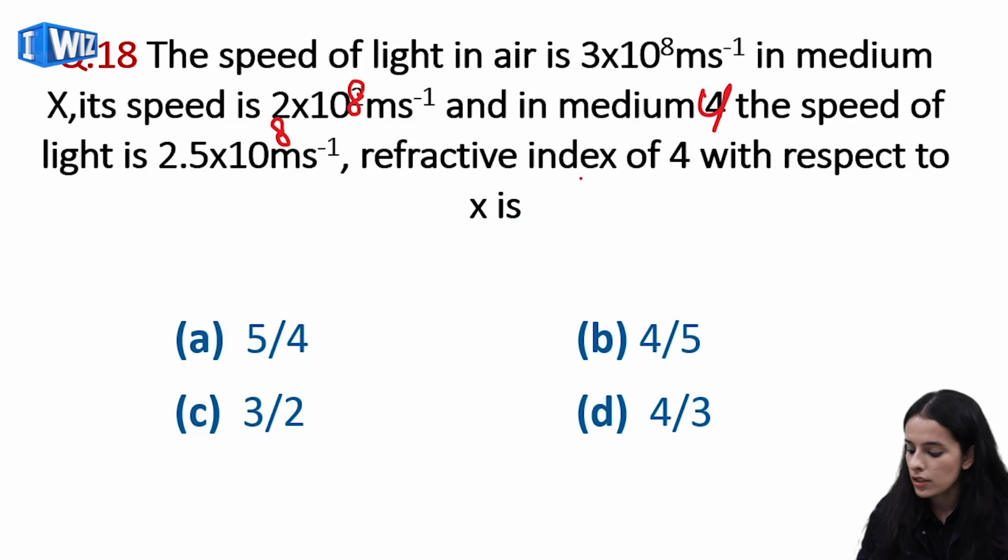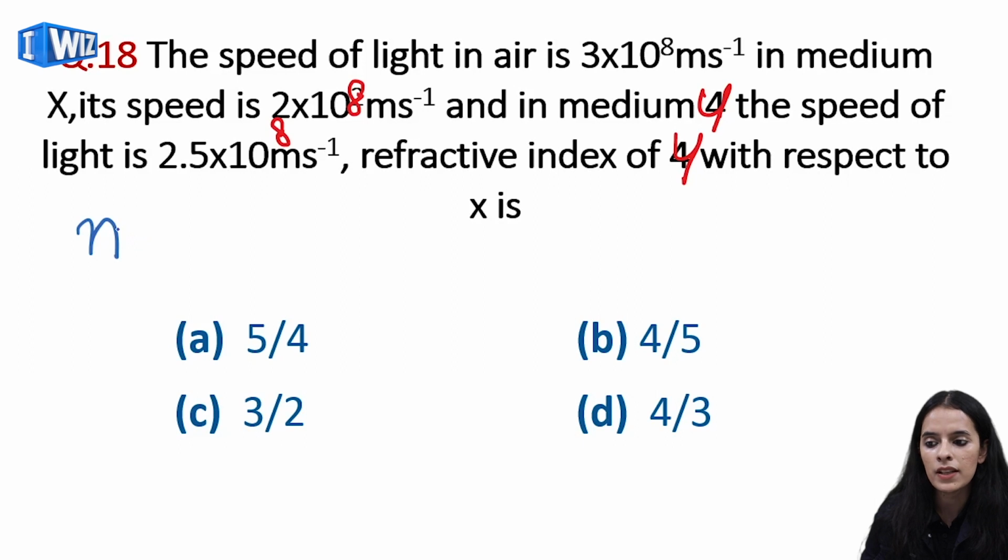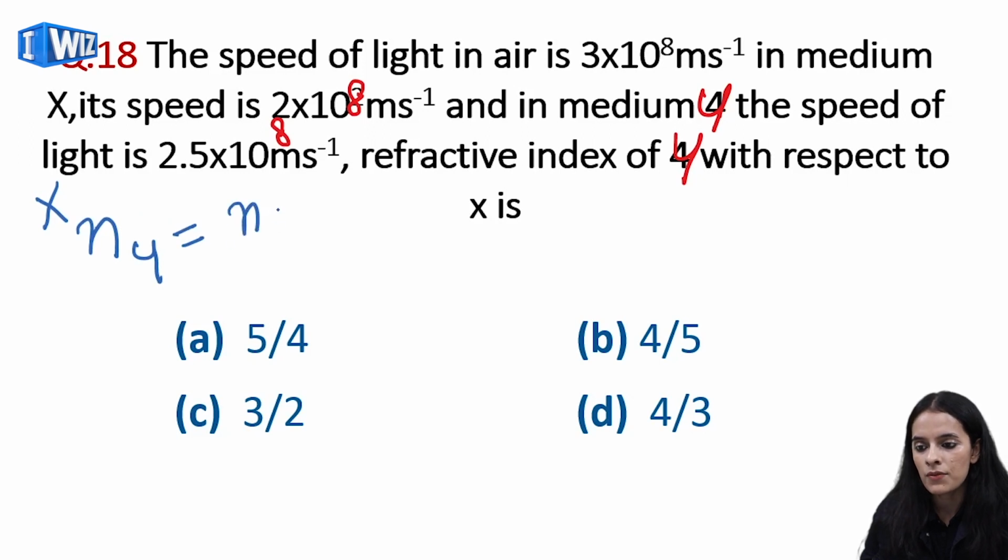So the refractive index of y with respect to x is, the one to which we have to give respect, refractive index of y with respect to x. Refractive index is denoted by n. The one to which we have to give respect, we always put it on top. So it will be ny upon nx.